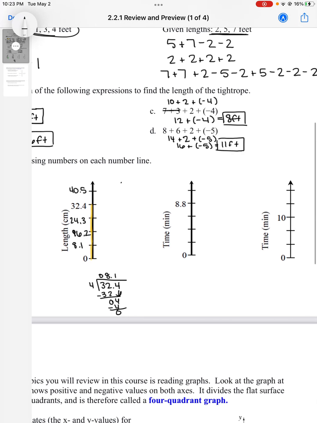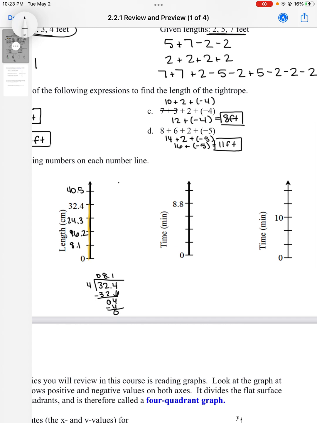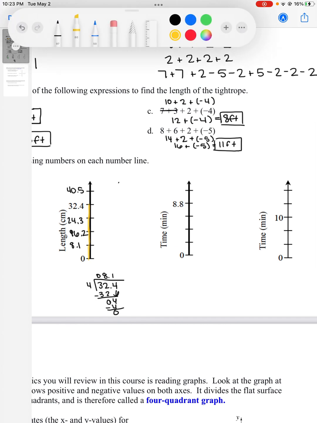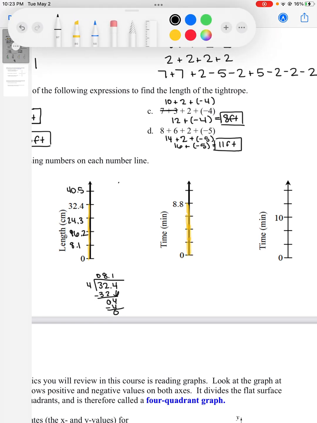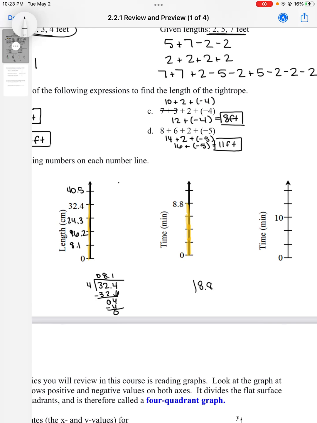Okay, moving to the next one, 8 and 8/10. Again, I'm going to count how many spaces. So I have 1, 2, 3, 4. So 8 and 8/10 divided by 4. 4 goes into 8 2 times. And 2 times into 8 again. Bring up my decimals.